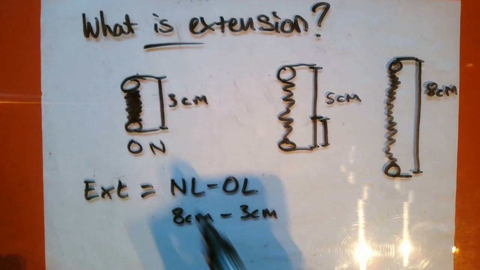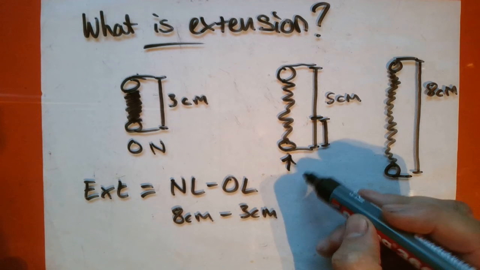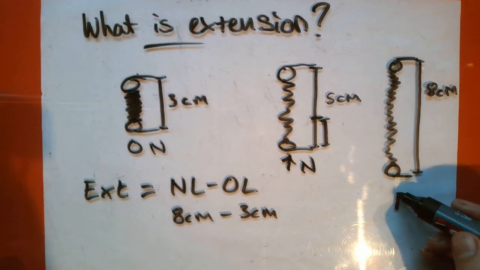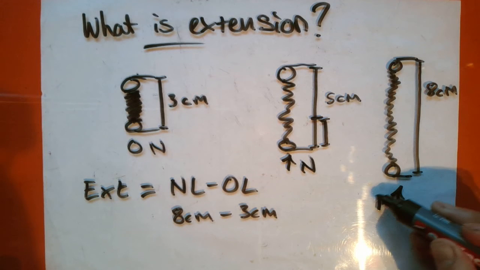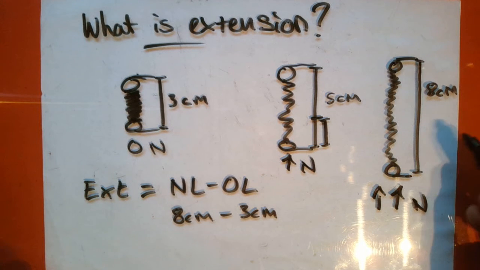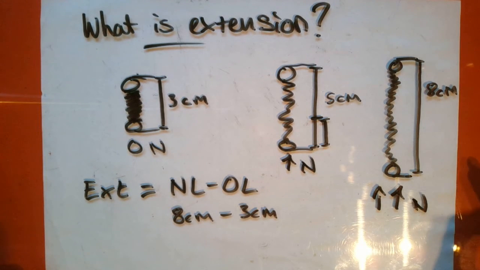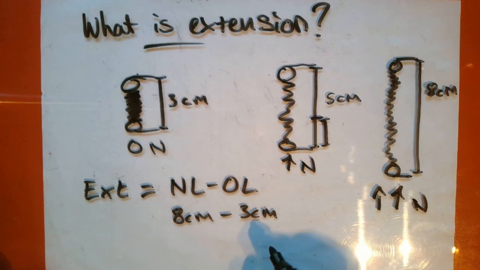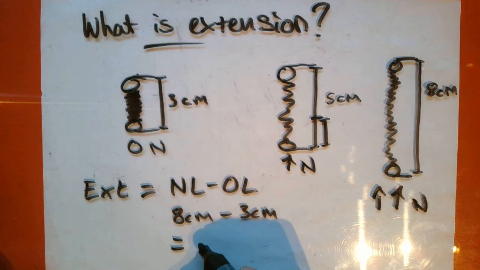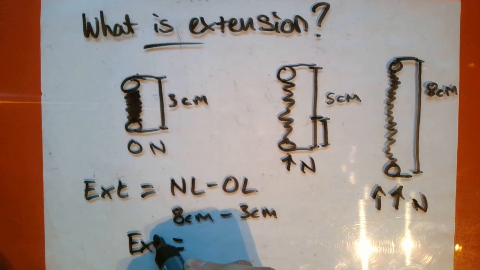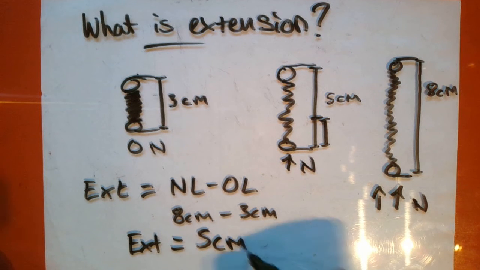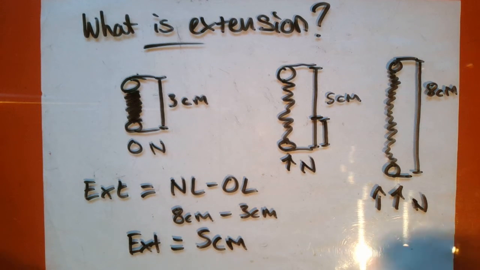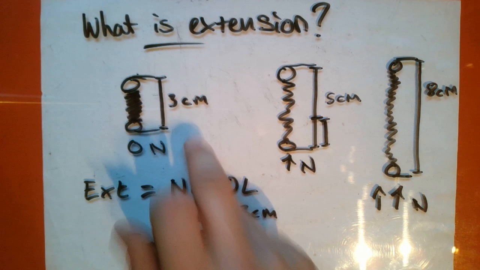So right here, we have 0 newtons. Here, it is increased, and here it is increased even more. Force has increased even more and made it stretch even more. So then we do 8, take away 3, and that gives us an extension of 5 centimeters. So the extension is how much the spring gets bigger from its original no extension length.